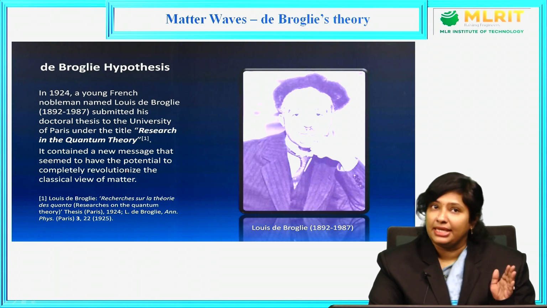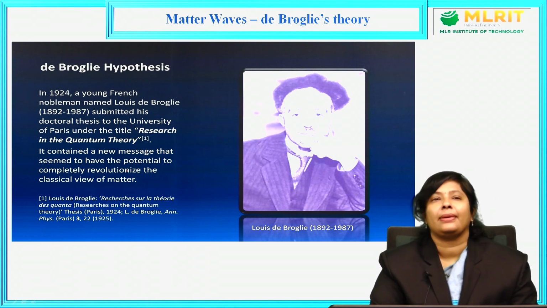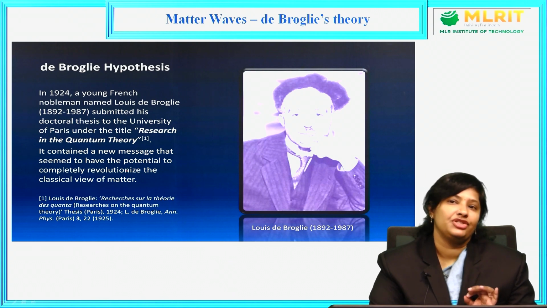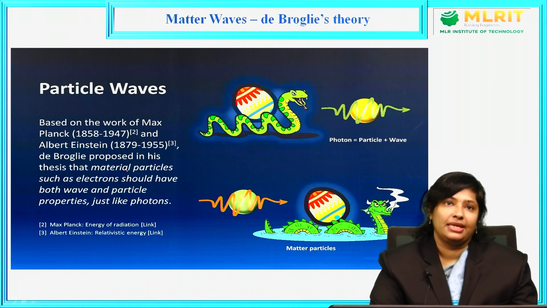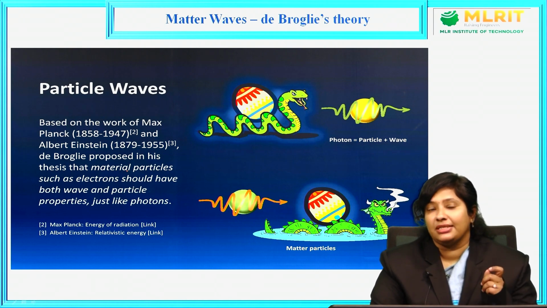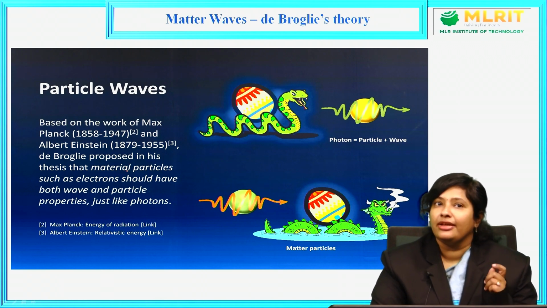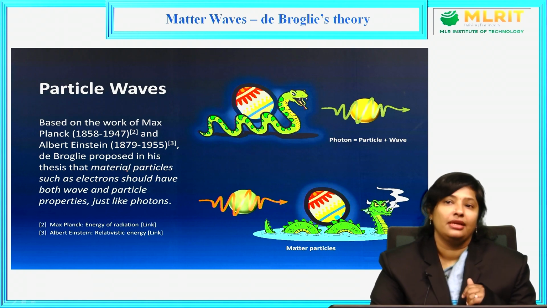Next, in the year 1924, de Broglie submitted his PhD thesis. His thesis stated a new idea: that material particles such as electrons should have both wave and particle properties, just like photons.